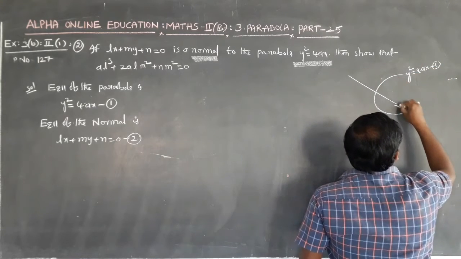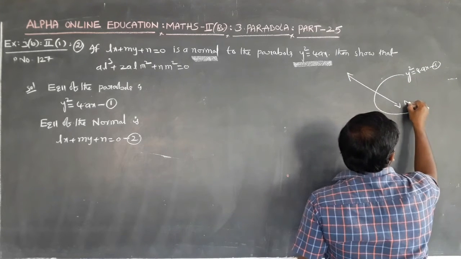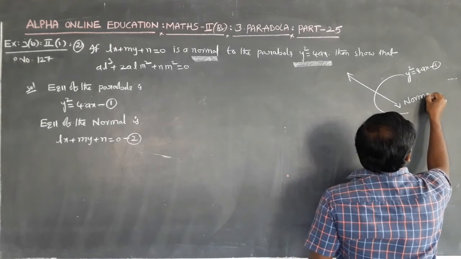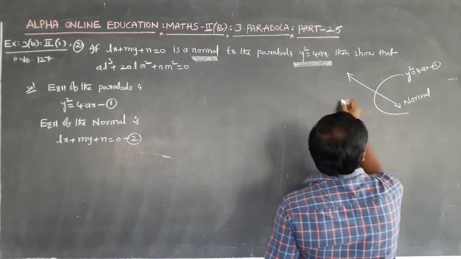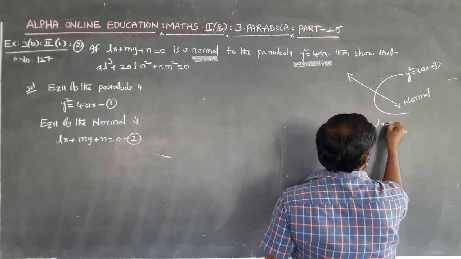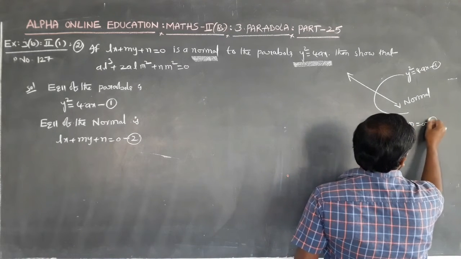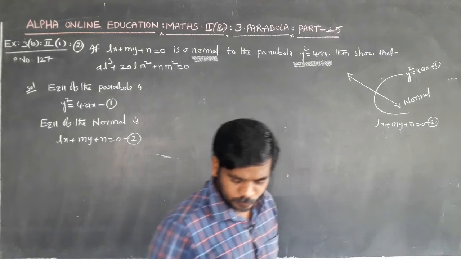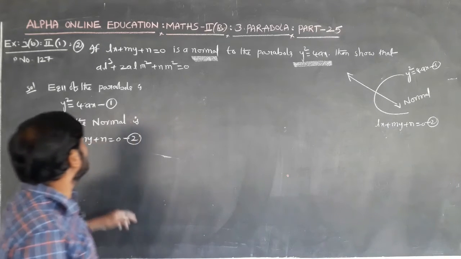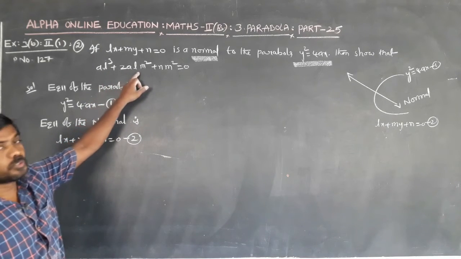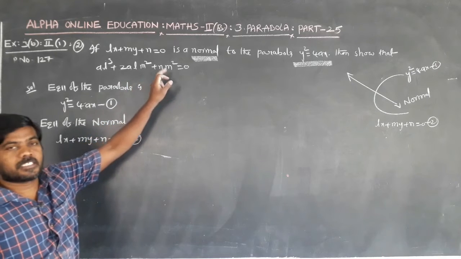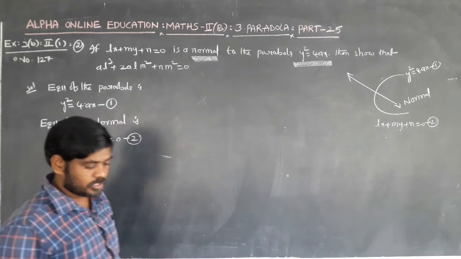This is the equation of the normal to the parabola y² = 4ax. Here we prove that al³ + 2al² + nm² = 0.